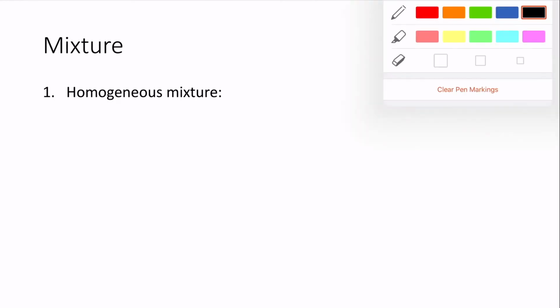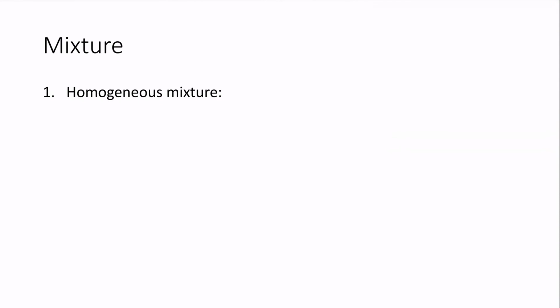Next, let's look at mixture. There are two types of mixtures. The first one is homogeneous mixture. Homo, the prefix, means the same. Homogeneous mixtures have the same composition everywhere.